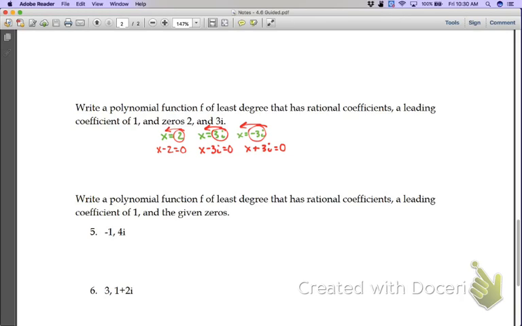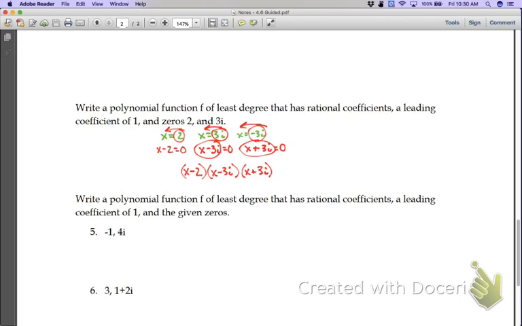Now, what would be the two smart ones to multiply together first? The i's. Okay, so I'm going to take x minus 2 times x minus 3i times x plus 3i and multiply all of them together.